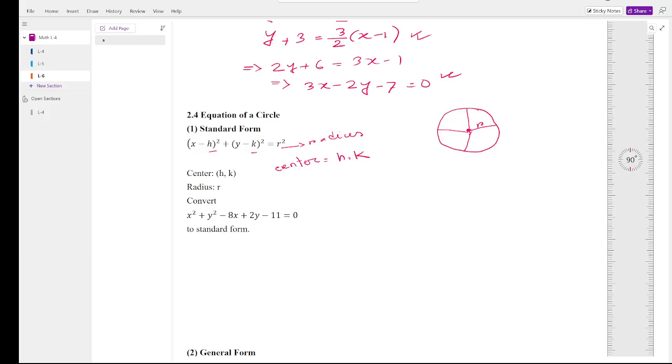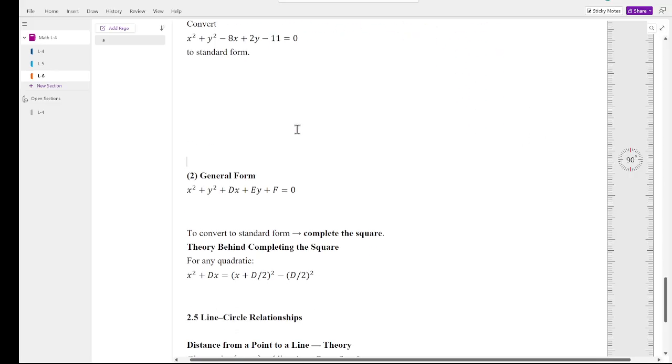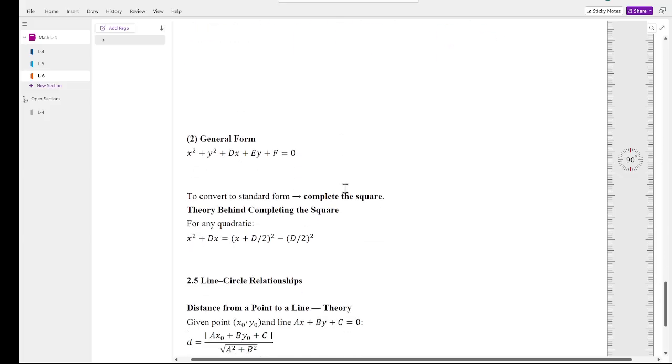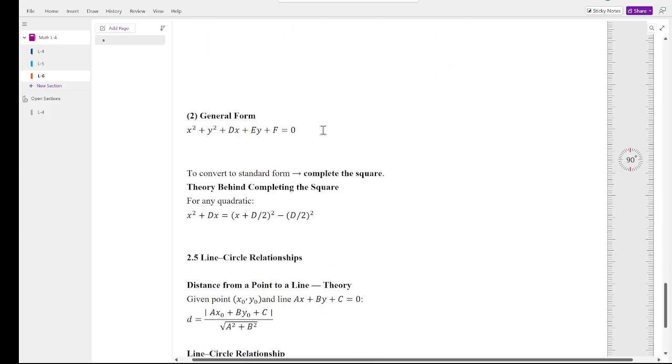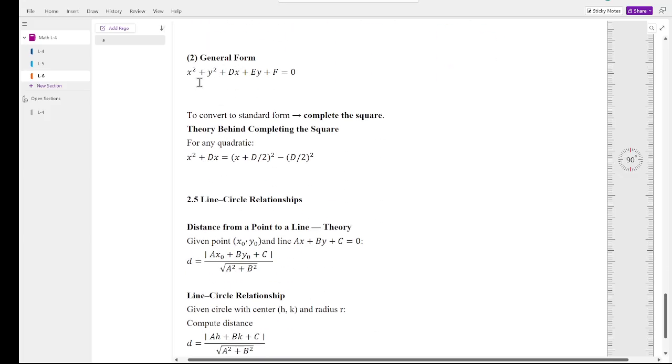Okay, we can solve it now or later. Okay, we'll solve it later because we have another. Oh, I put the example wrong. Okay, we move to the general form.